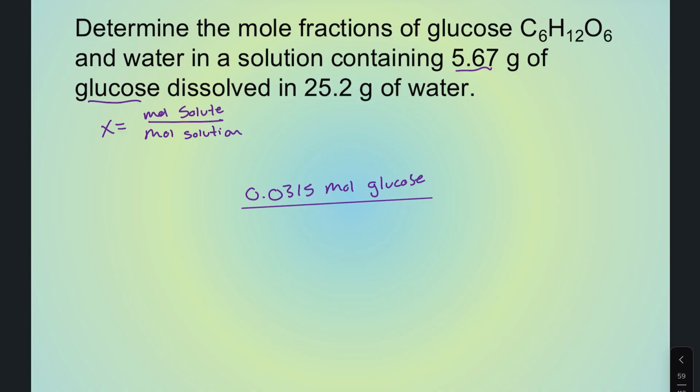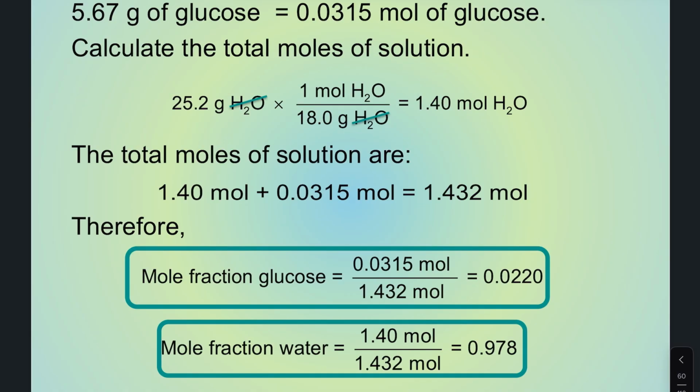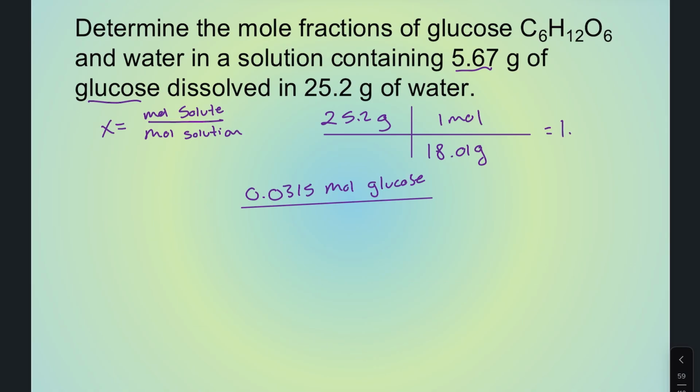And we'll divide that by the moles of water. So that's going to be 25.2 grams of water. The molar mass of water is 18.01 grams for every 1 mole. And that gives us a value of 1.40 moles.